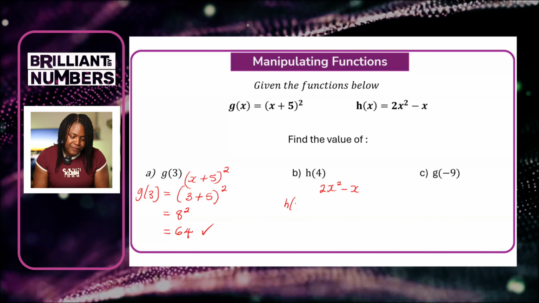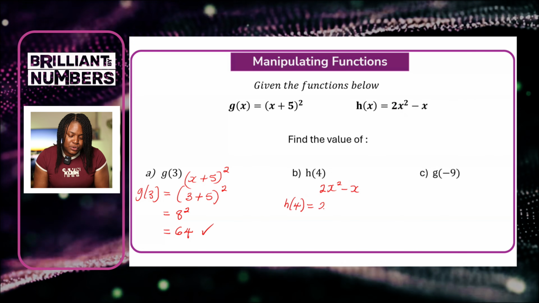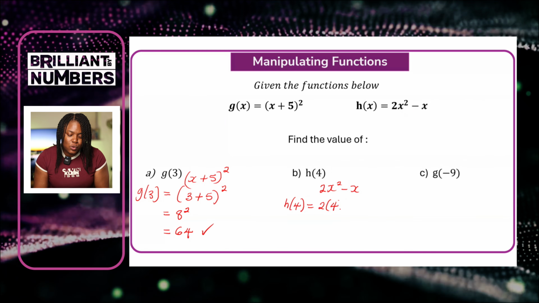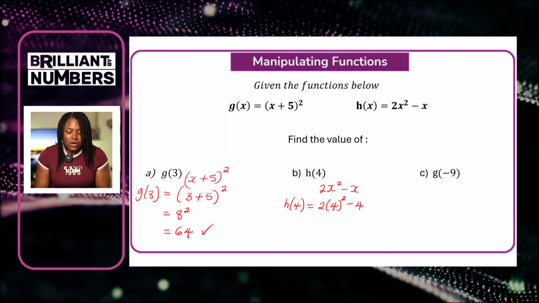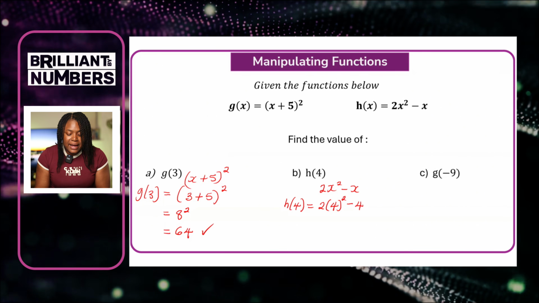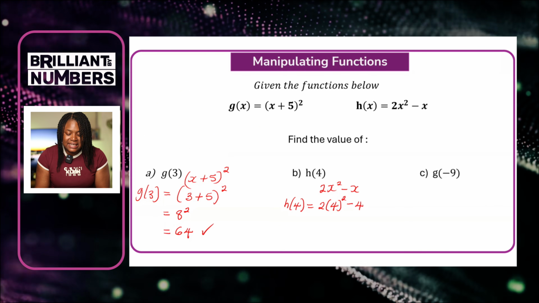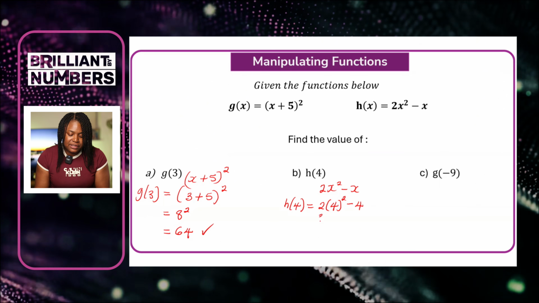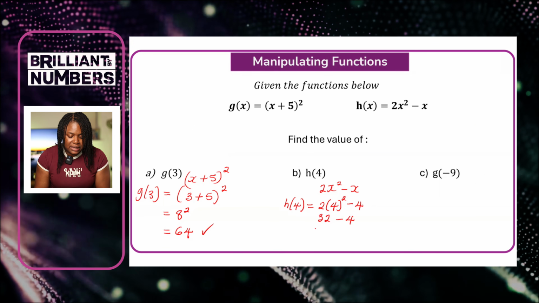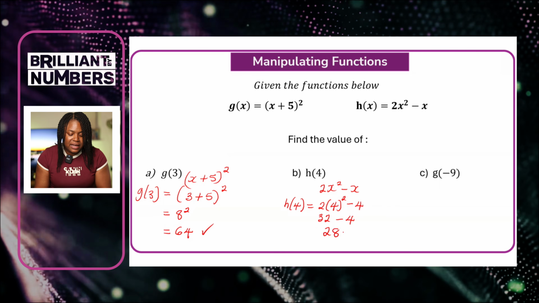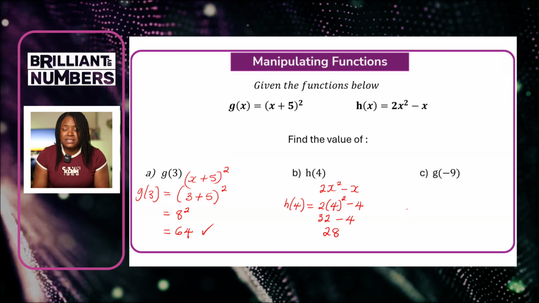So h of 4 is equal to 2 bracket 4 squared minus 4. So order of operation, we need to do our square first. So 4 times 4 is 16. 16 times 2 is 32. So we're doing 32 minus 4, which gives us 28. So the final answer there is 28.